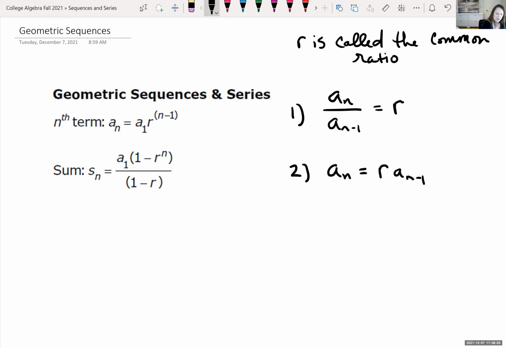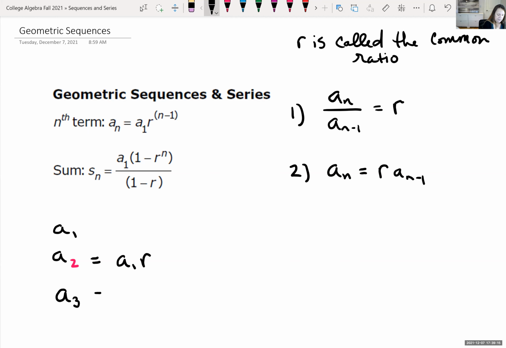That third formula, let's do what we were doing before. So we're going to use that second formula, and let's look at what a sub 2 is and see if we can find some pattern. If we look at a sub 2, that equals the term before it, which is a sub 1 times r.